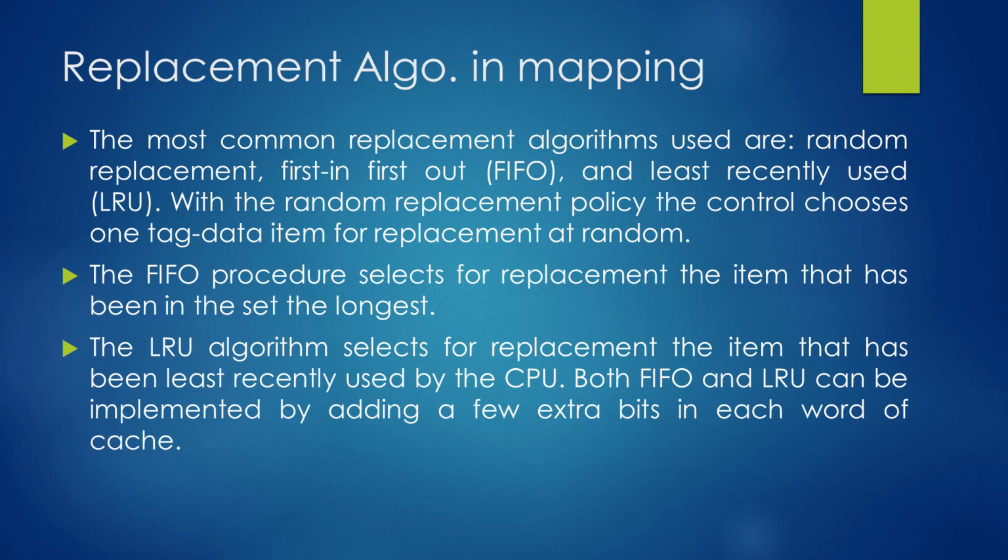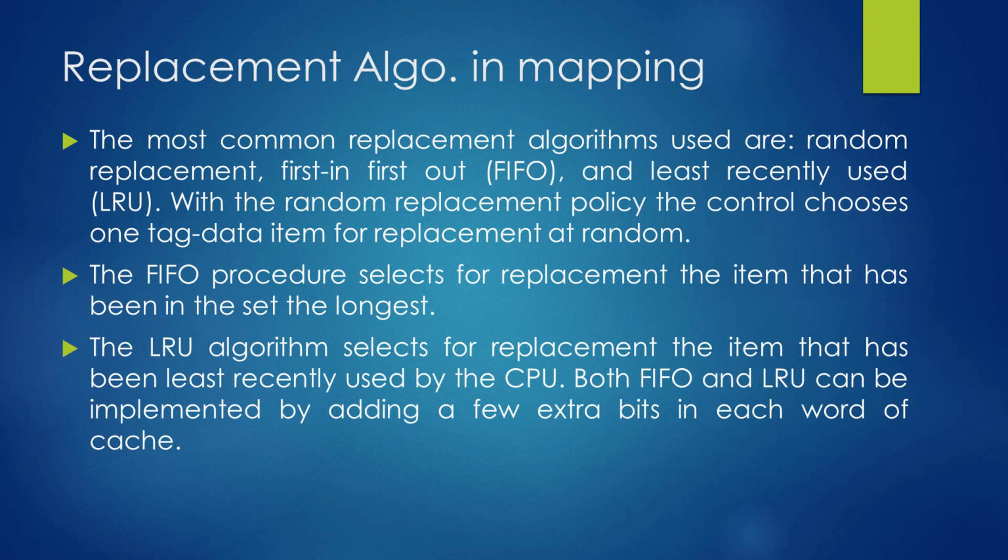There are some replacement algorithms that can be used during replacement of the block, and they are first in first out and least recently used. I hope you are all familiar with how the first in first out and least recently used methods work. Let's move on to the next slide.